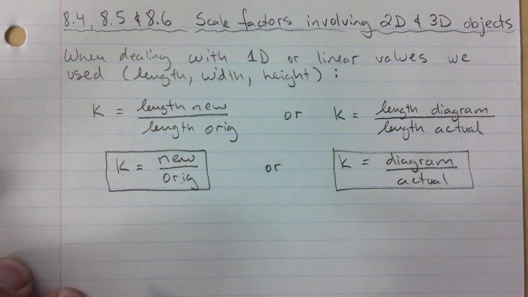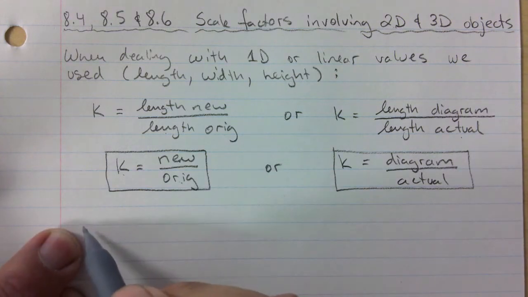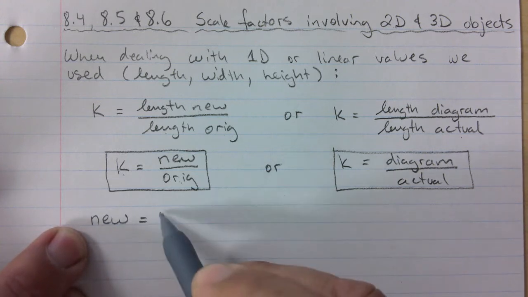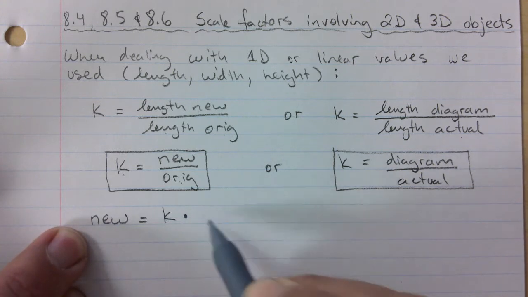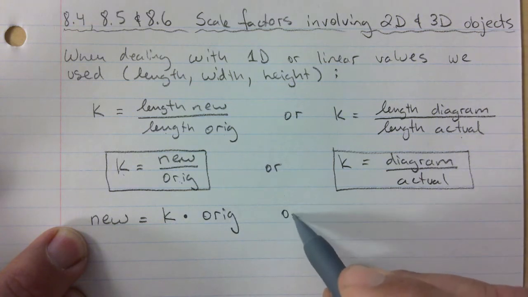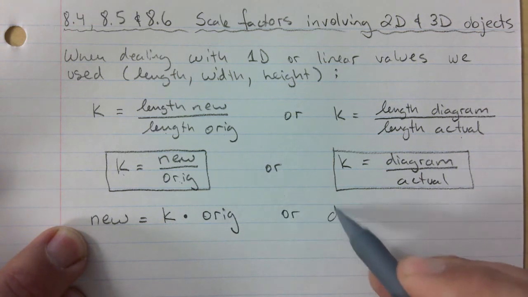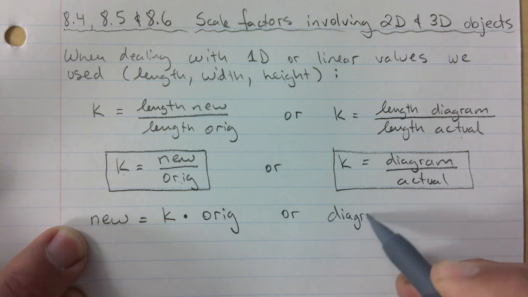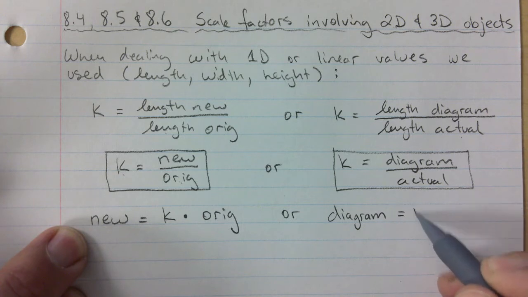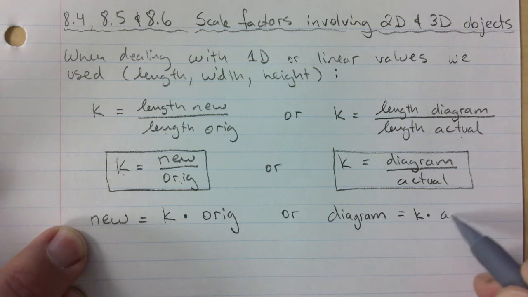So you could say that the new is going to be k times the original, or the diagram is going to be k times the actual.